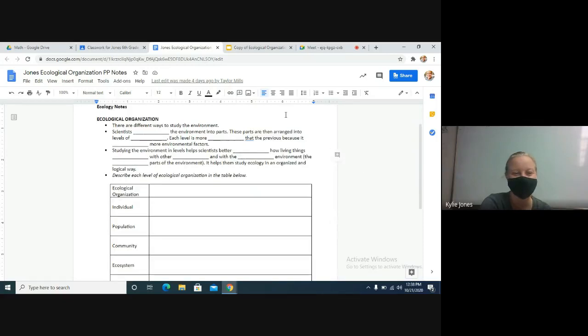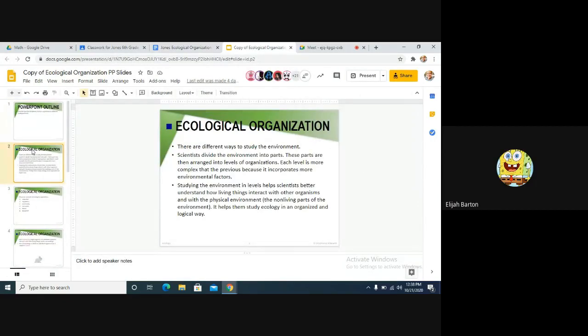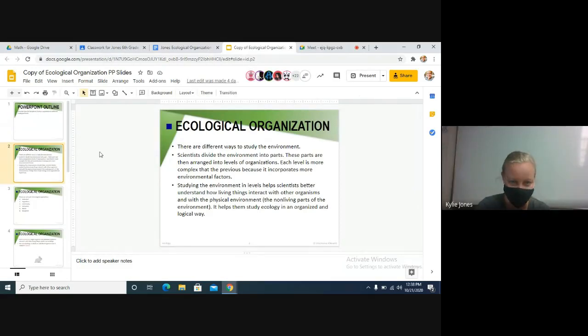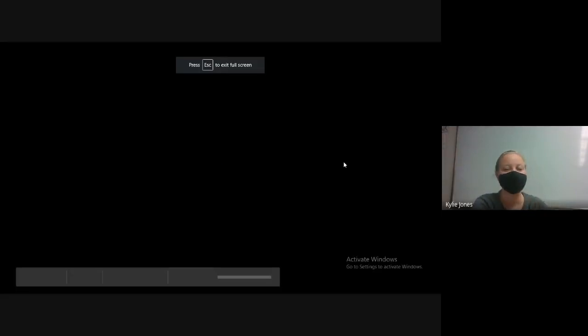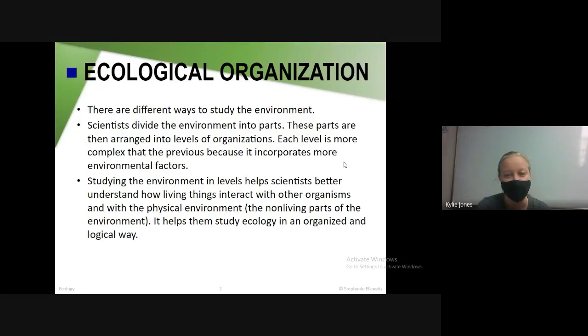All right, so let's go ahead and get started. Our first one, Ecological Organization. This one says there are different ways to study the environment. Scientists will divide the environment into different parts. These parts are arranged into levels of organization, so the different parts that you study.